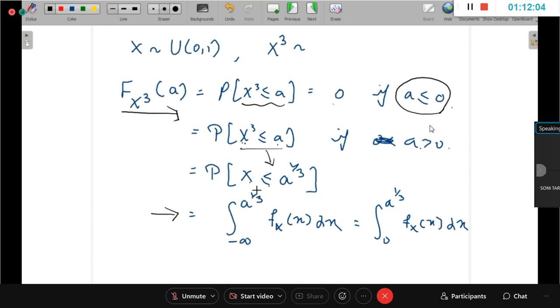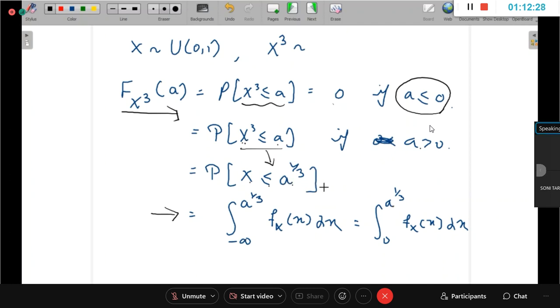Now, by the definition, the integral from minus infinity to a to the power 1/3 of fx(x) dx. If a is greater than 1, this value is 1, because fx(x) integrated up to a to the power 1/3 is 1.